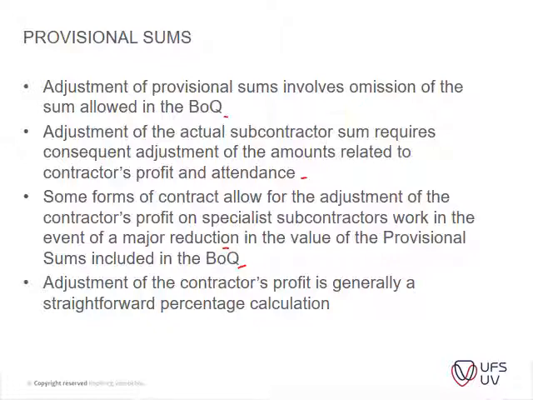So it's just the administration type of arrangement. Then the adjustment of the contractor's profit is generally a straightforward percentage calculation. So yeah, it's a percentage that he has put in his tender document that's just applied to the actual cost of that item.